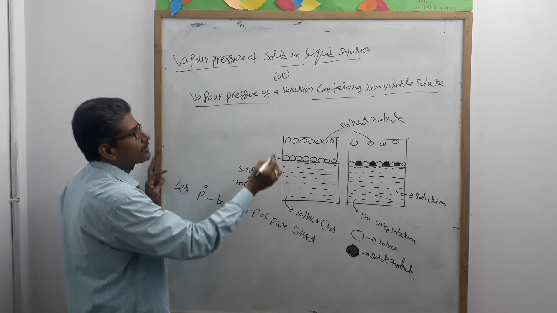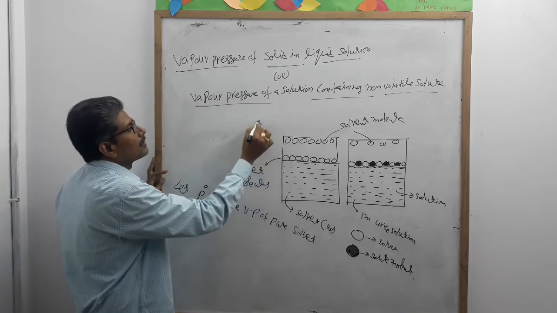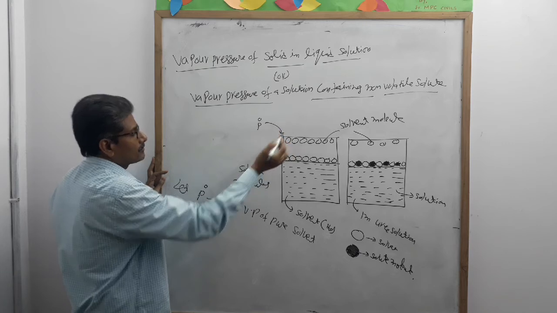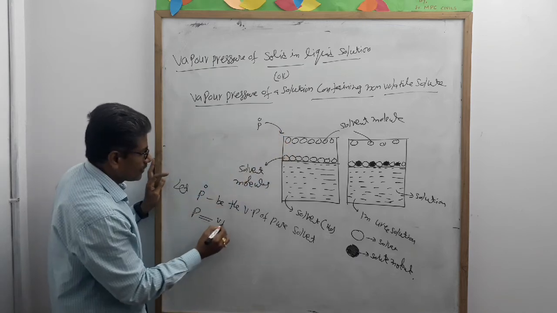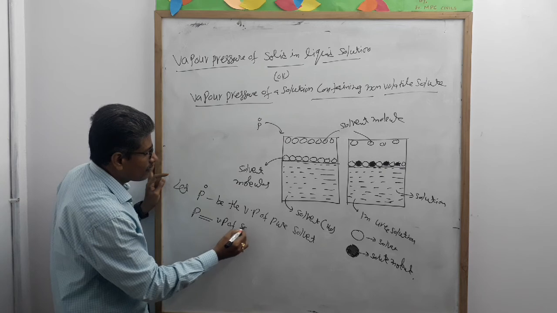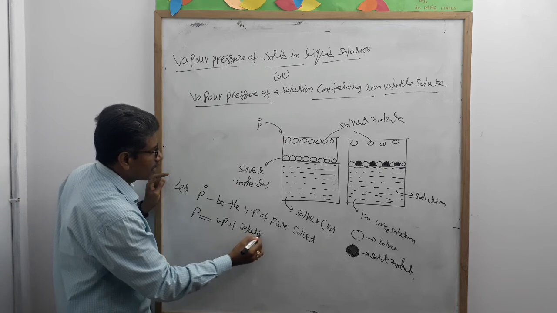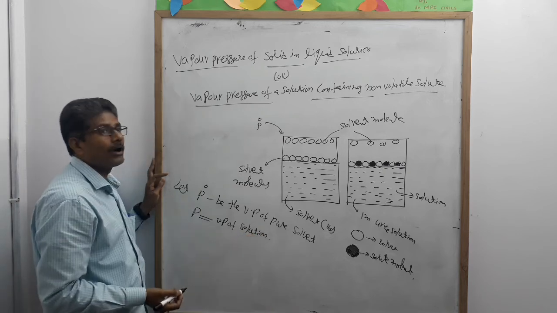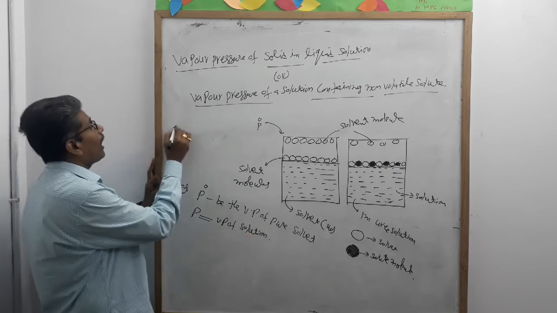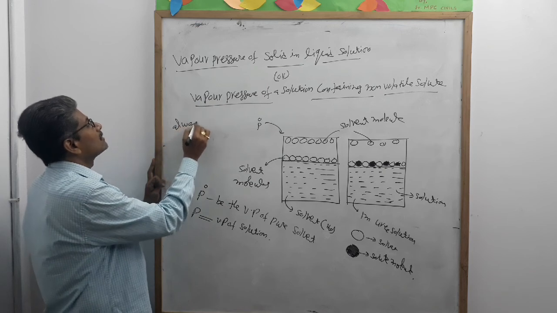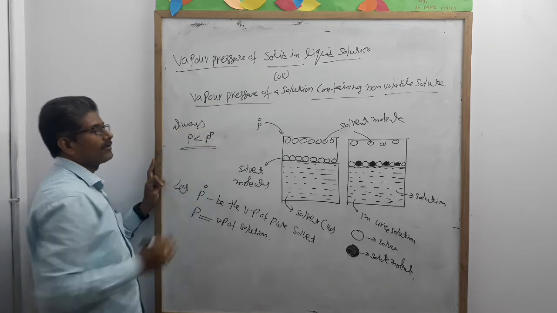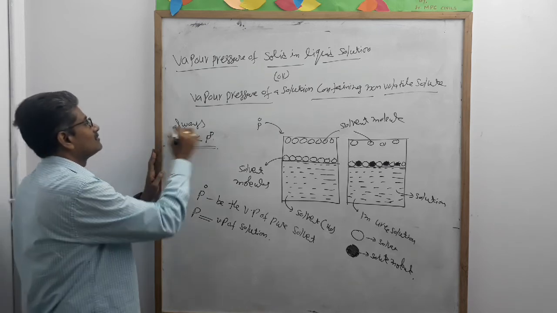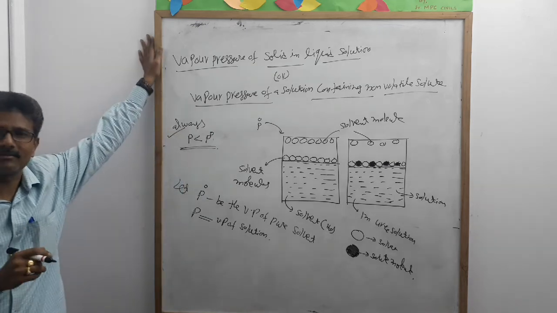Let P naught be the vapor pressure of pure solvent, and P the vapor pressure of the solution. Always P is less than P naught.